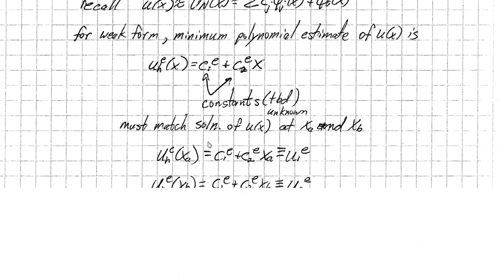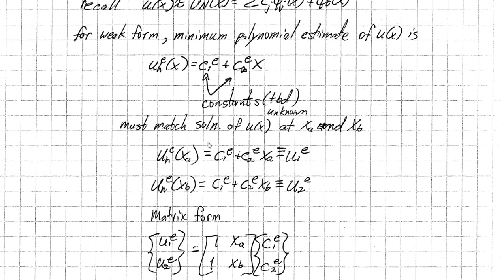Okay, so what we must satisfy is some nodal solution at the endpoints, XA and XB. So at XA, you just have these constants. You plug in XA for our function of X, and that's equal to that nodal solution at the end.